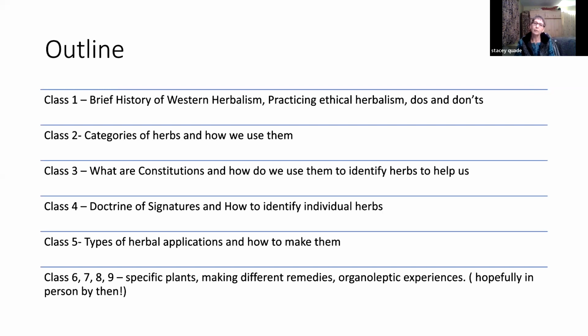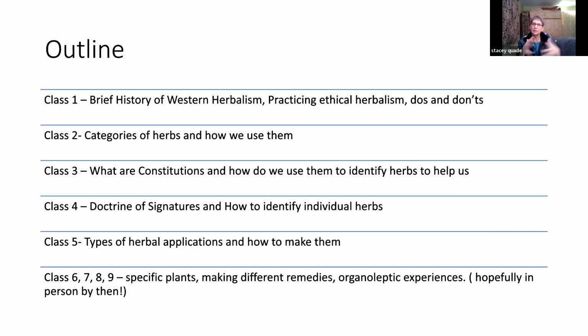Then for class 5, we're going to talk about ways to use the herbs and different kinds of things that you can make. This is not going to be right in a row the whole time. Things are going to get sprinkled through, and questions, if you have them, as we go about the different herbs.